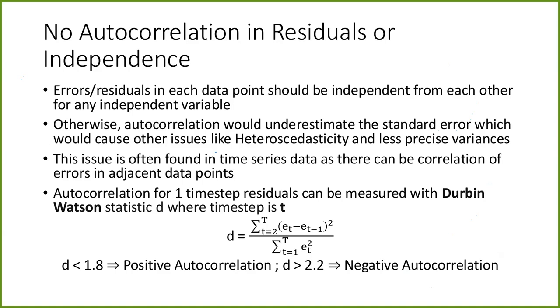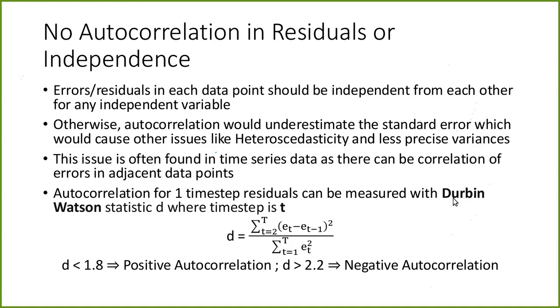This is a difficult task, so normally, especially in time series cases, we check one timestamp against another. For example, when you take the timestamp t, we can check whether the timestamp t minus 1 has any correlation with the value at t, right?